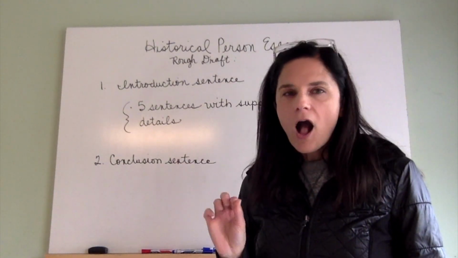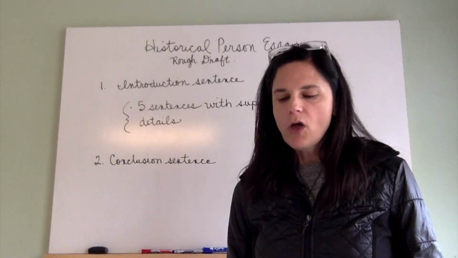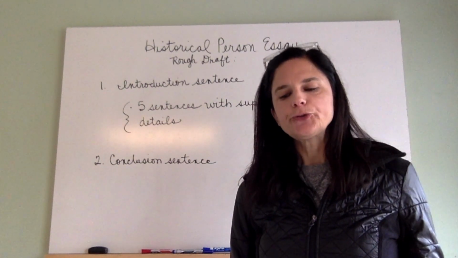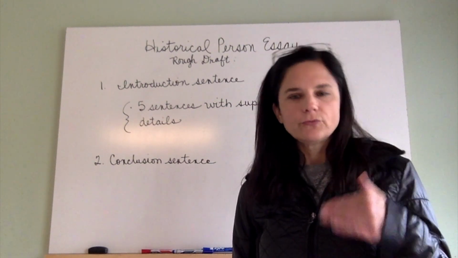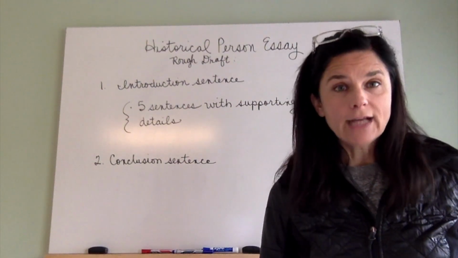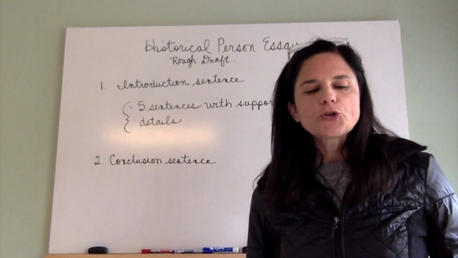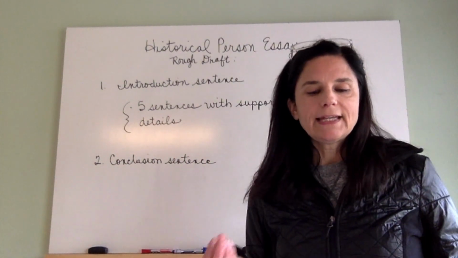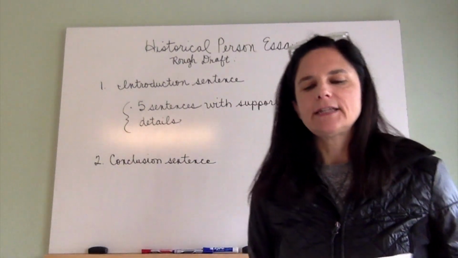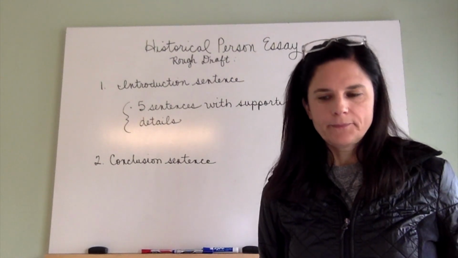And then, one thing I also want to point out is that if you take a look at my example, there are some transitional words and phrases that I have included to help transition from one event or one thing to the next. And I've underlined those in the paper that you have. So when I talk about how he grew up in Connecticut, I then say after attending Yale University, he pursued his desire to become a preacher and a theologian.